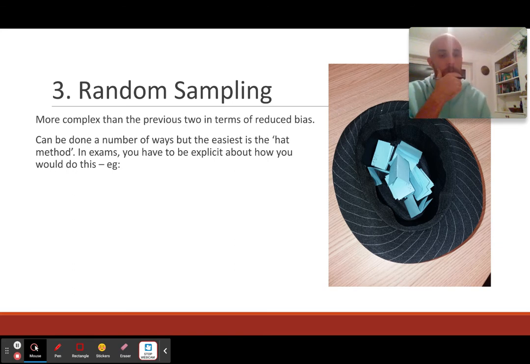Now, what you do for these next three, really important, is you have to have the names of everybody in the target population. As in the big target, you have to have a register of some kind of everybody in the target population. So that could be, I don't know, people with schizophrenia in Southampton.